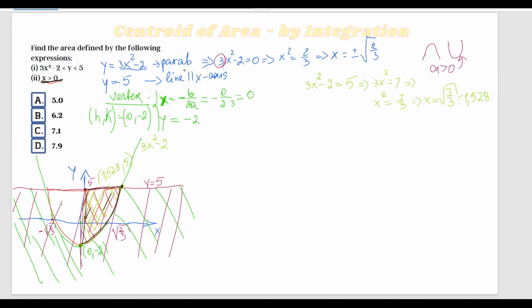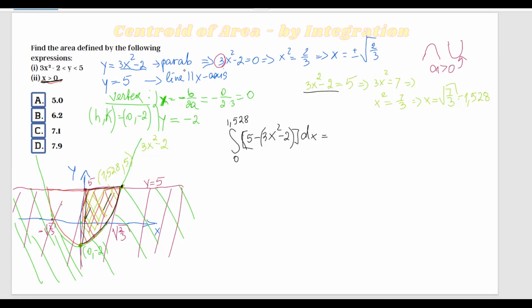We do this with an integral from 0 to 1.528 of 5 minus the parabola, which is, let me put 3x squared minus 2 in square brackets, dx.